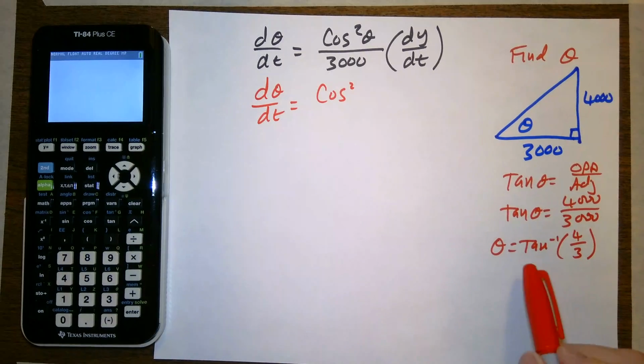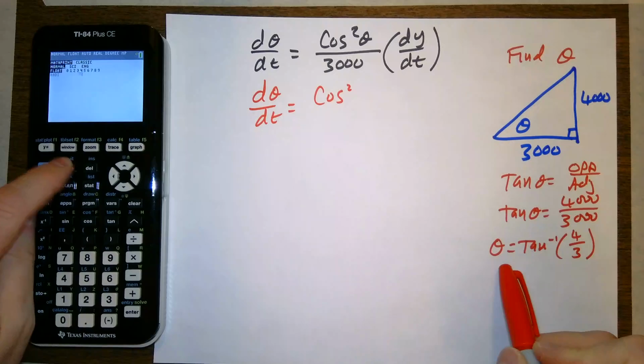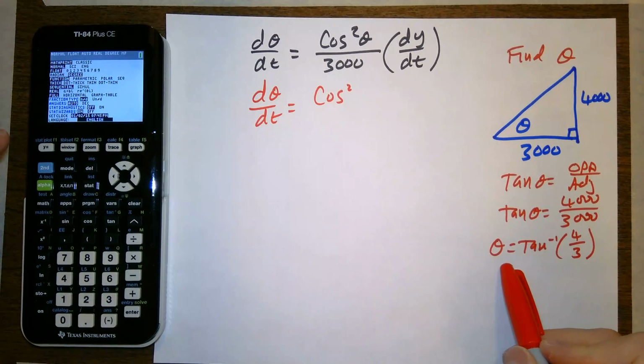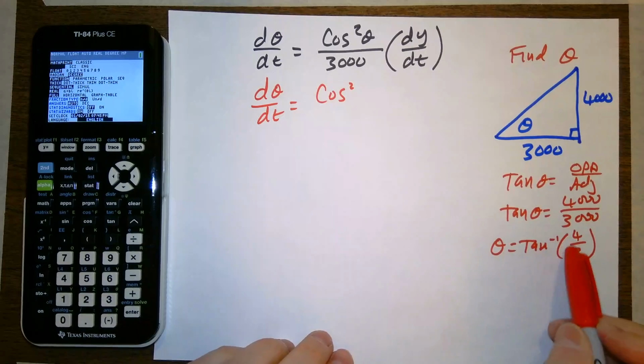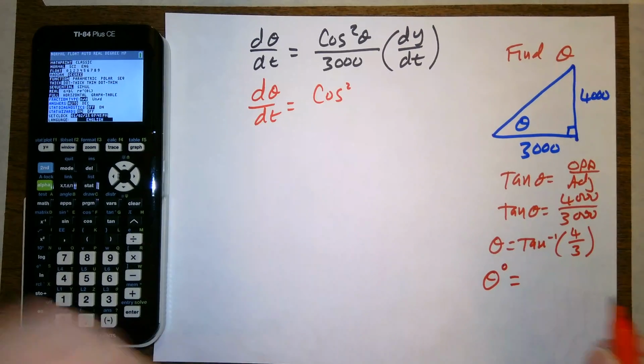And I need my calculator here. Now, what are we going to do theta in, radians or degrees? I'm going to go to my mode button. Right now I'm in degree mode, so I'm just going to leave it in degrees. So when I do this calculation, my answer is going to be theta in degrees.